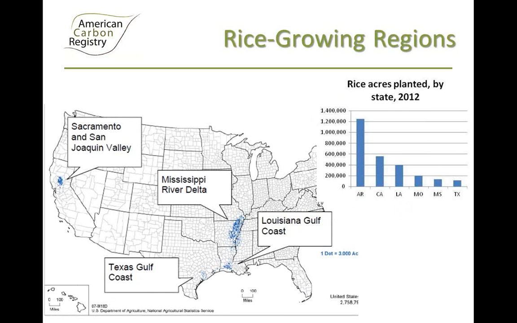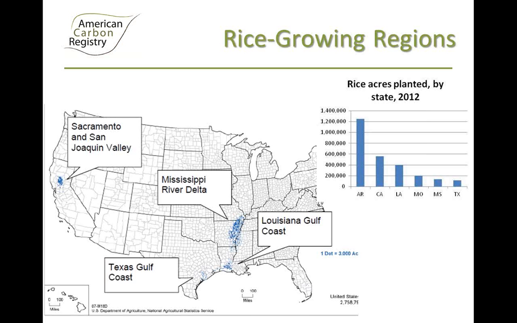These rice growing regions are identified in the parent methodology, and they function in two ways. One is these are the regions over which the DNDC model is calibrated and validated.